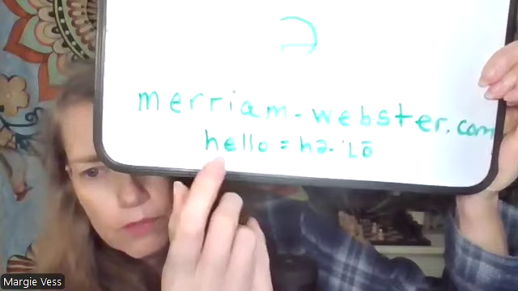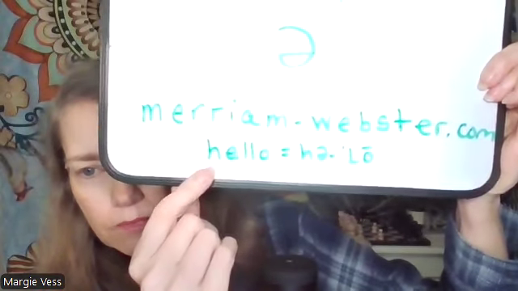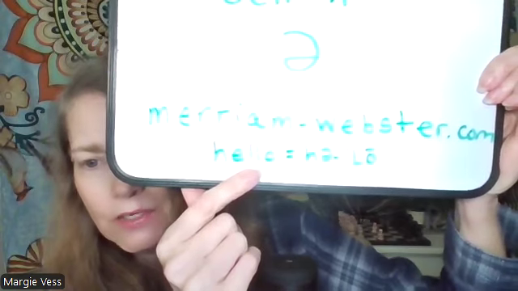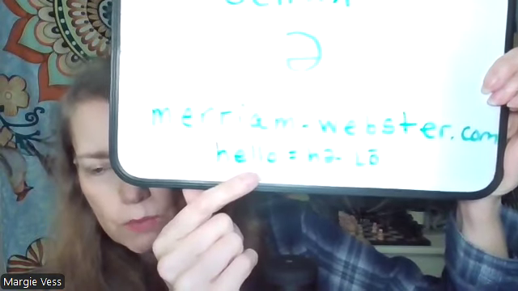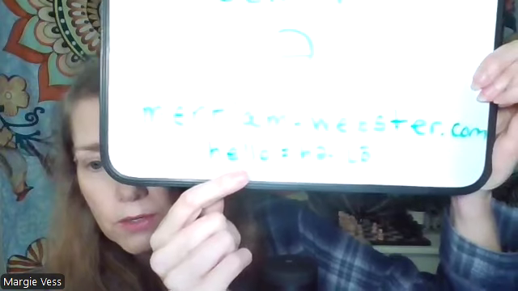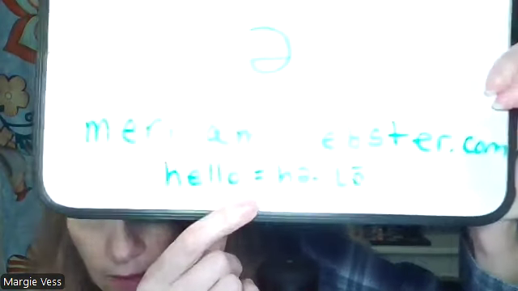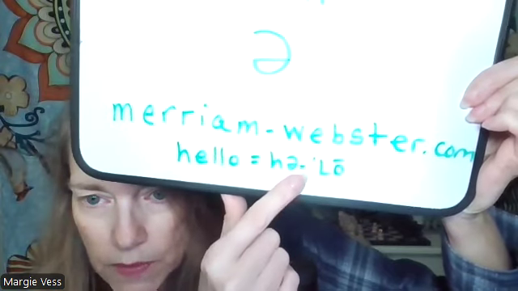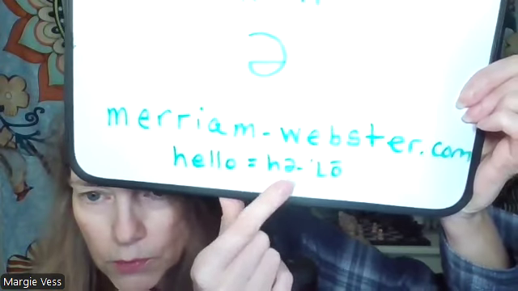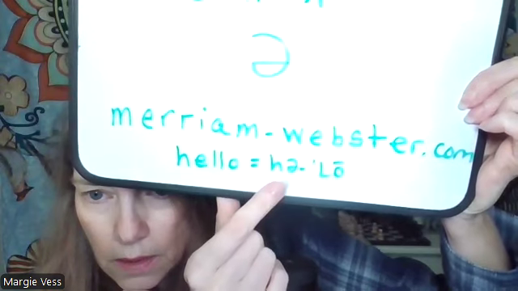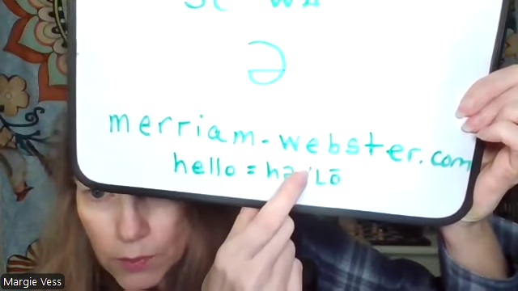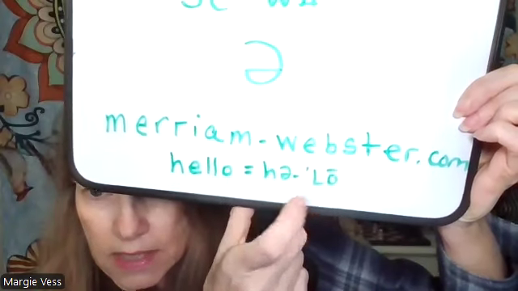The first word I looked up was hello. Some people will say hello, and other people will say hello. Then there's this breakup, this little dash. Those are your syllables. And this tick mark here is important. That's where the emphasis is inside the word.